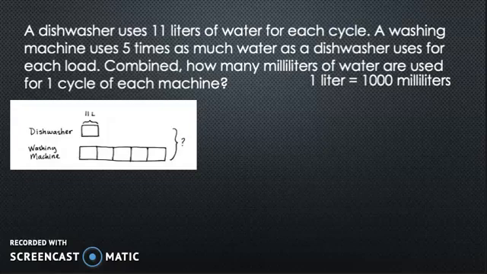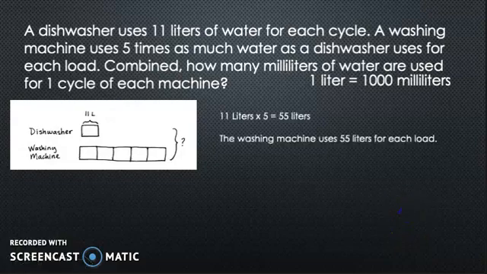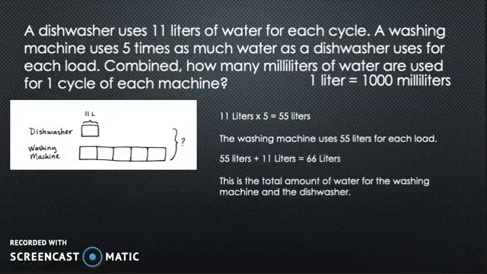So first, I found out how many liters the washing machine was. I multiplied 11 times 5 because it was 5 times greater, and I got 55 liters. The washing machine uses 55 liters for each load. Next, I added the 55 liters plus 11 liters and got 66 liters.